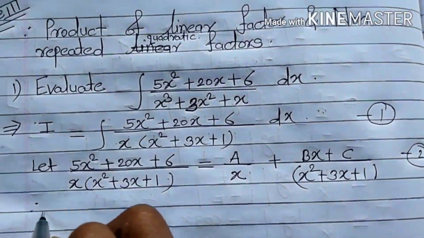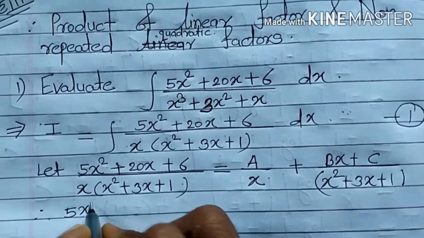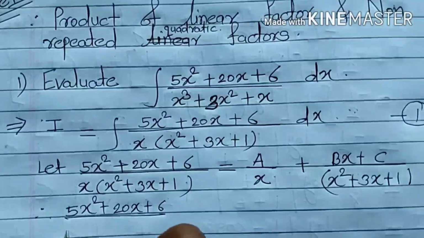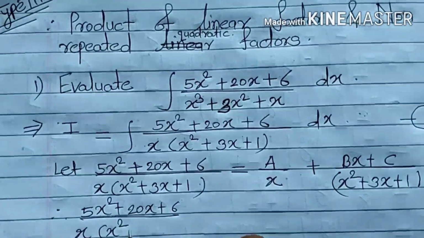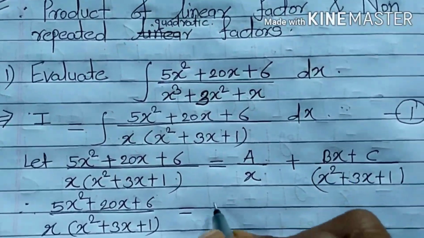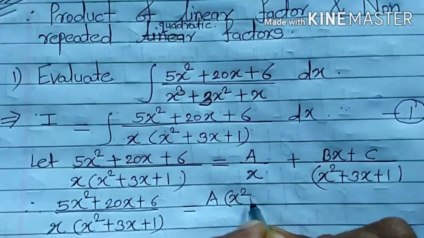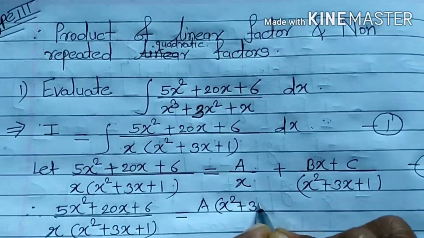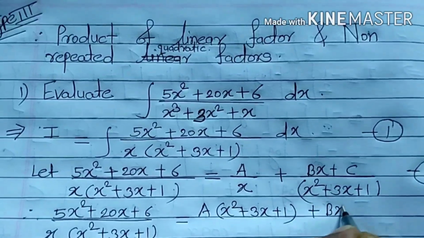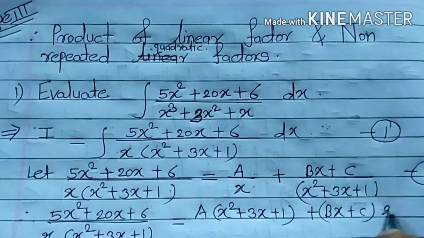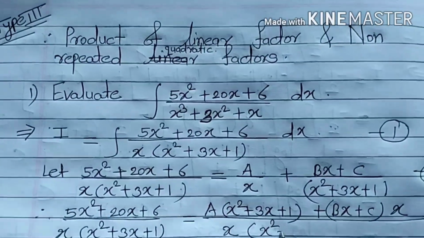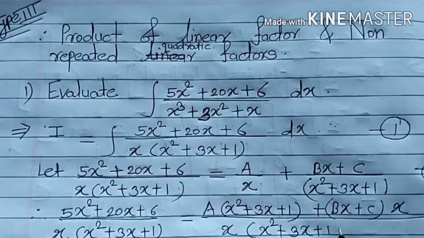Therefore (5x square plus 20x plus 6) upon x into (x square plus 3x plus 1) is equal to, cross multiply, so a into (x square plus 3x plus 1) plus (bx plus c) into x upon x into (x square plus 3x plus 1).